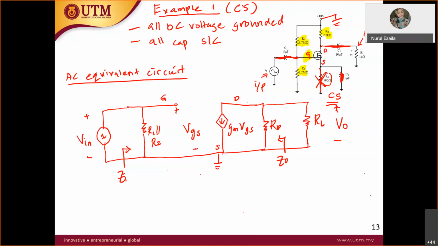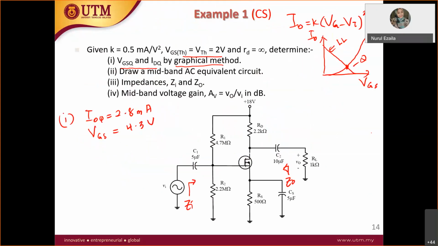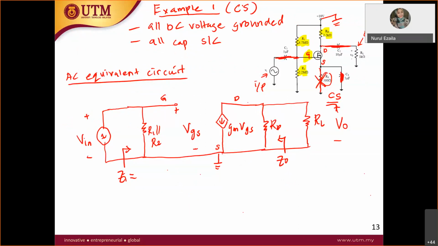First, the input and output impedance. Z in is equal to R1 parallel with R2. R1 is equal to 4.7 mega, parallel with R2, which is 2.2 mega. So this will give you about 1.5 mega ohm.